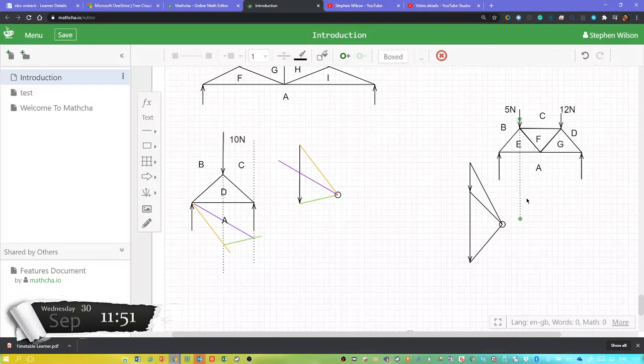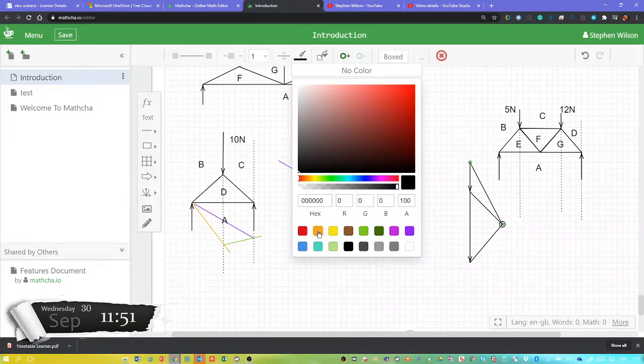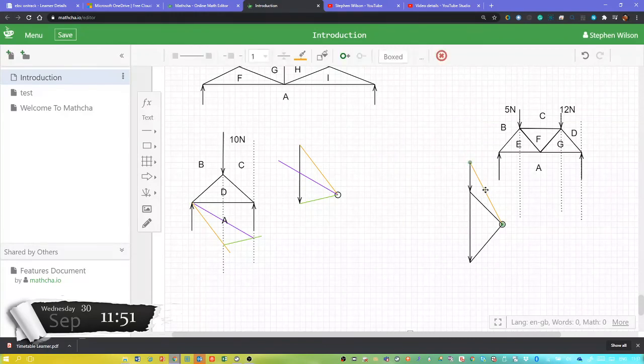Again, we do extension lines for each force after the first one. Let's choose some colours again. Shall we go with that orange again? Our first force goes as a parallel line from the start point until it hits that extension line.